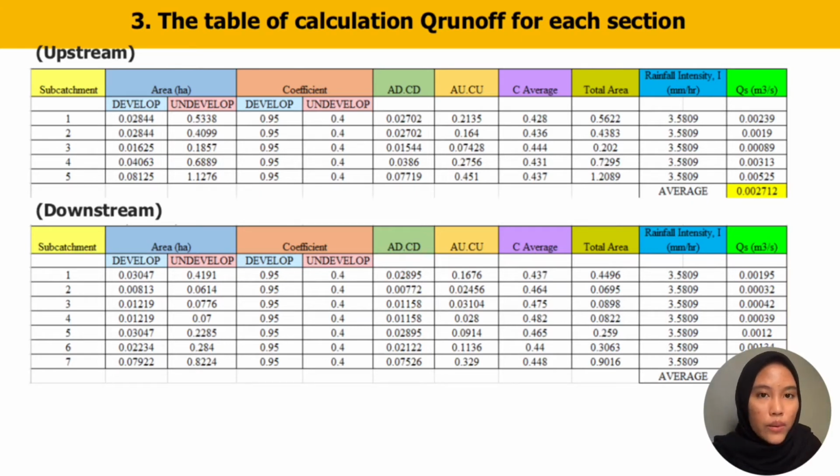We calculate the developed area by using a formula, area of road times length of the channel, while for the undeveloped area, we calculate it by using a formula, total area of subcatchment minus developed area for subcatchment. So for example, subcatchment 1 for upstream, the developed area we get is 0.02844, while for the undeveloped area we get 0.5338. Then the total area for subcatchment 1 is 0.5622.